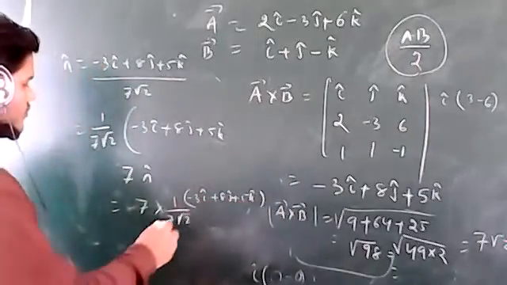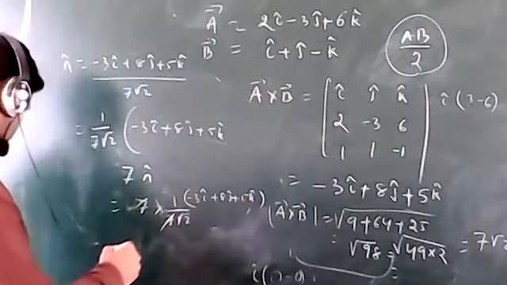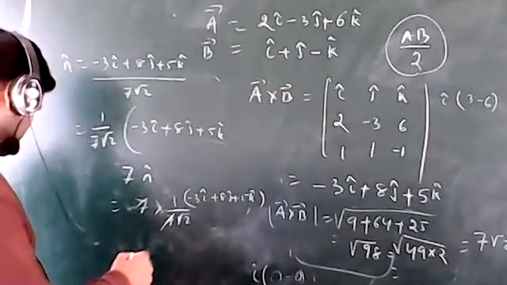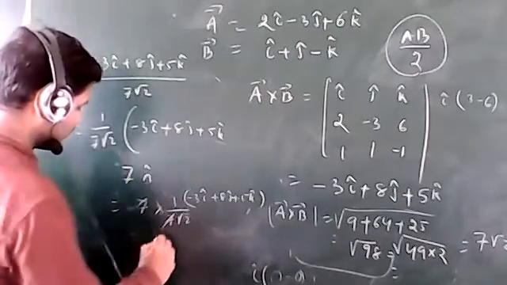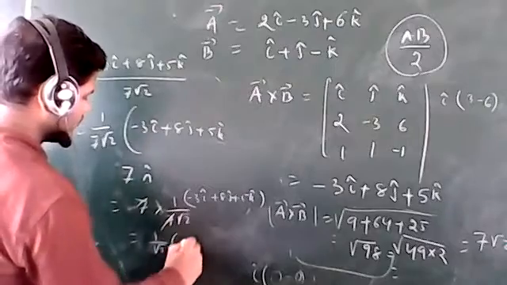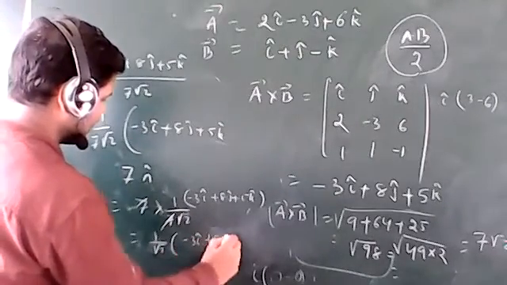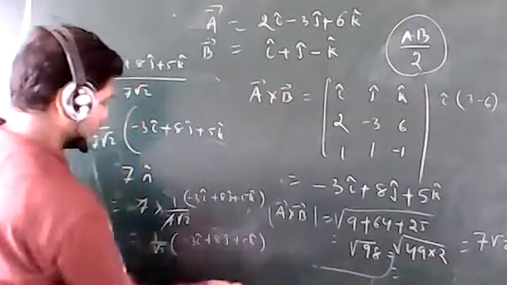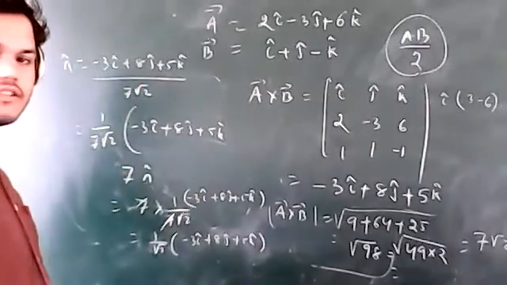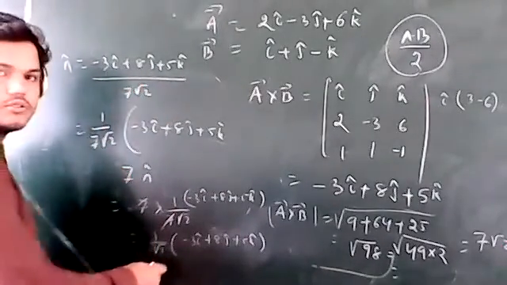If you are dividing 7 by 7, you will get 1 by root 2 into minus 3 i cap plus 8 j cap plus 5 k cap. That will be the solution. That is the answer: 1 by root 2.